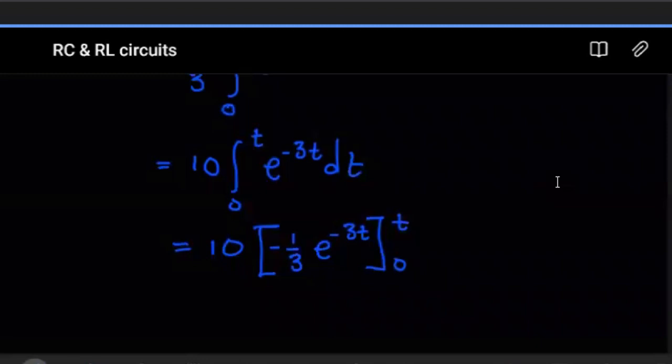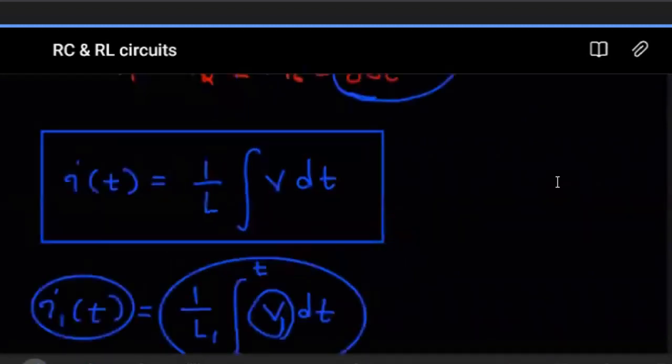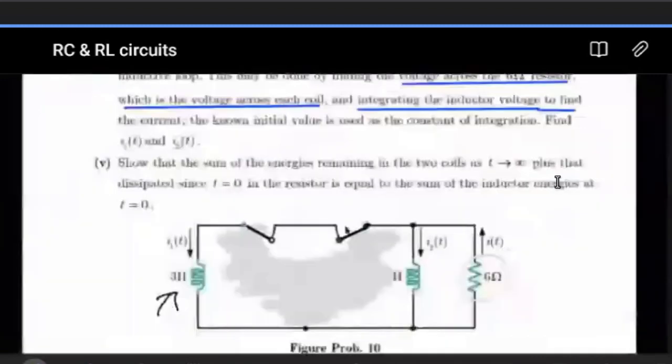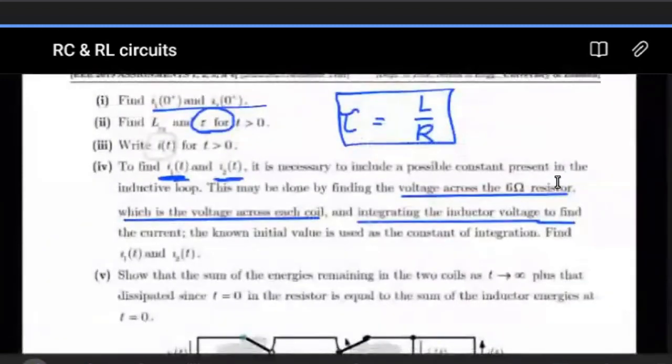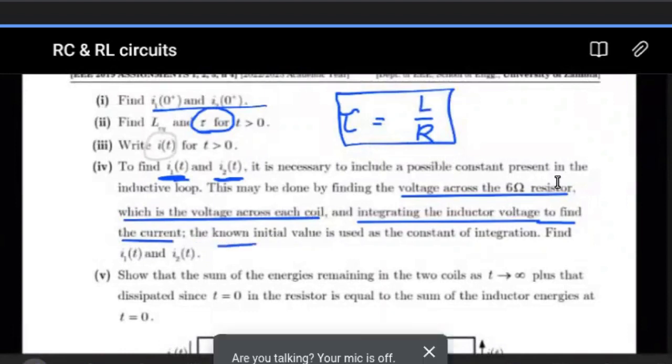what you have to get here is, if you read the statement again, they say, and integrating the inductor voltage to find the current, the known initial value is used as the constant of integration. So we're taking this as general.